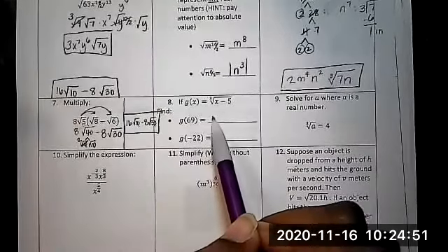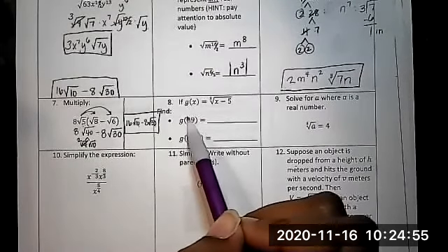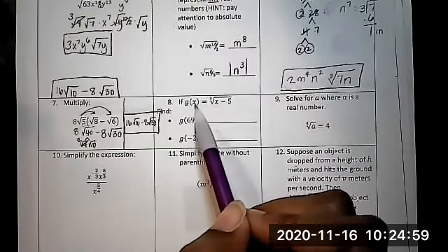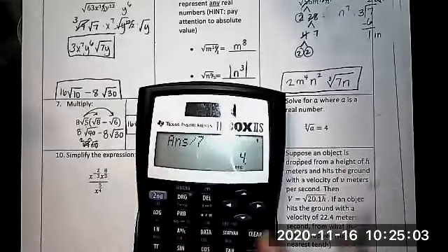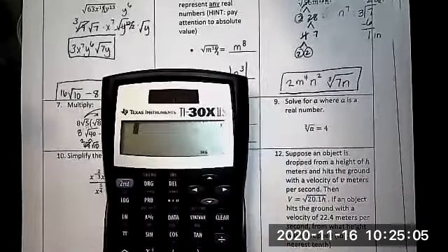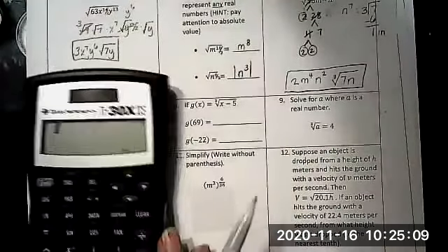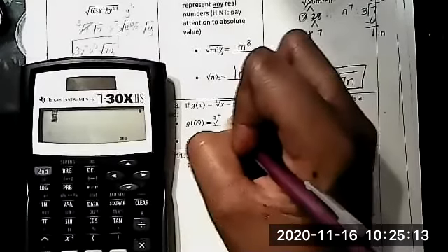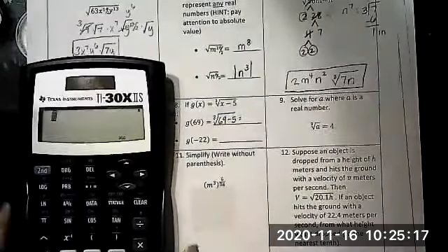Let's go here. For this G of 69, basically they want you to replace x with 69. So you see how here x is 69 and this is the cube root. Put that in your calculator. How do you do that? So basically you're putting in the cube root of 69 minus 5 in your calculator.